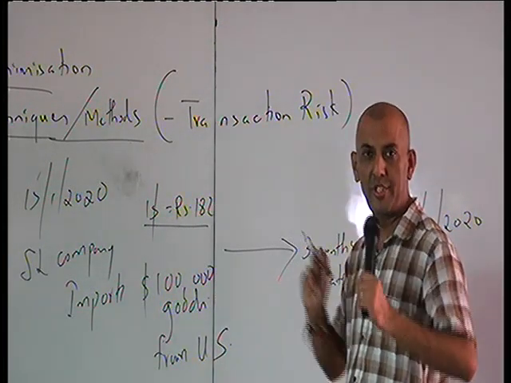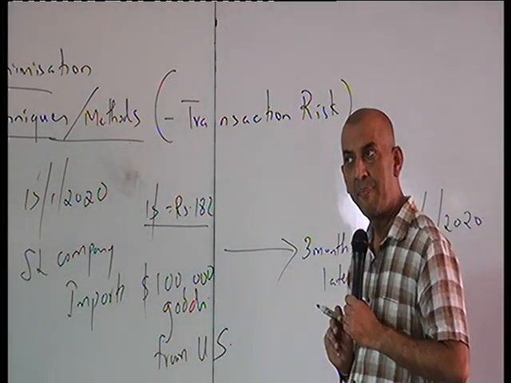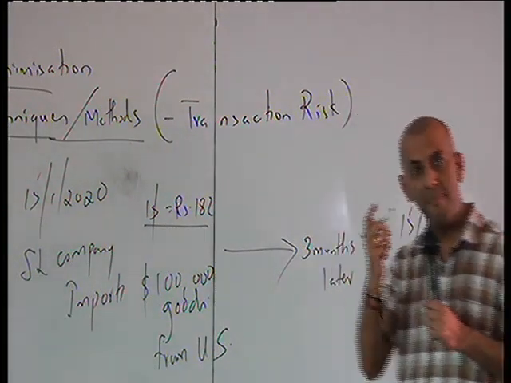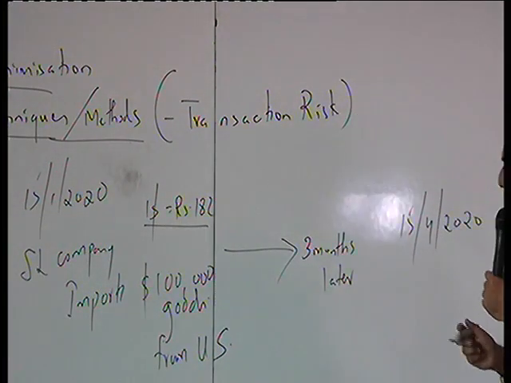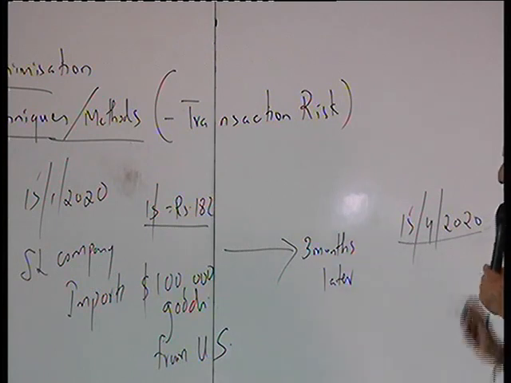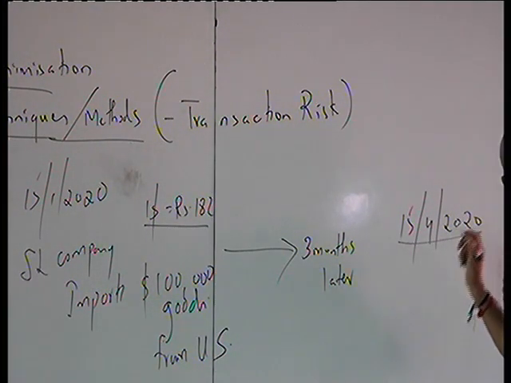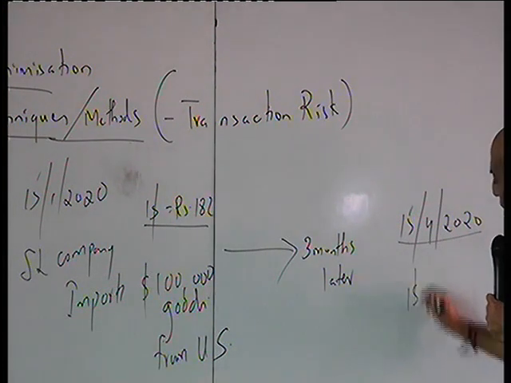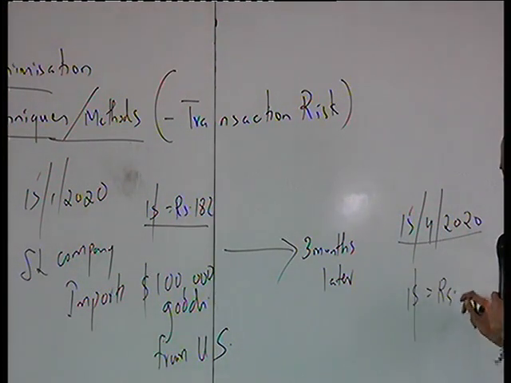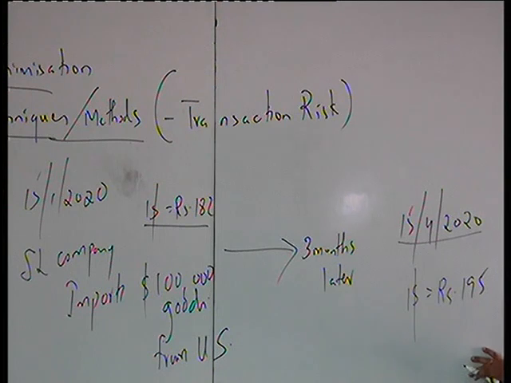We are going to import goods. Goods come. When do you settle? 3 months are being given by the supplier to pay, that is 15th of April 2020. 15th of April 2020, $1 become 195.